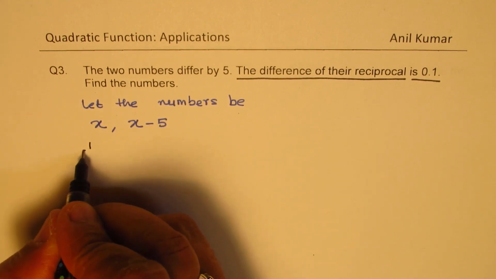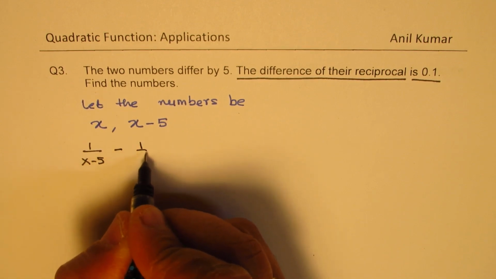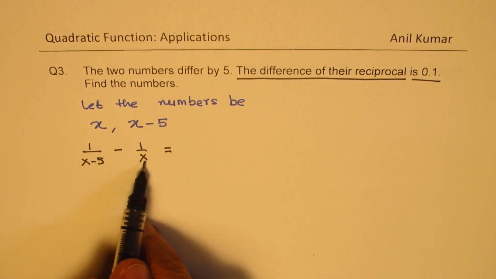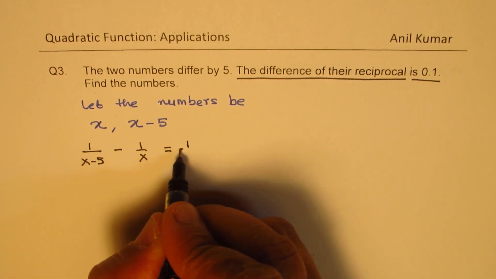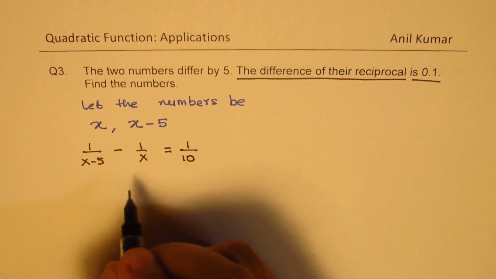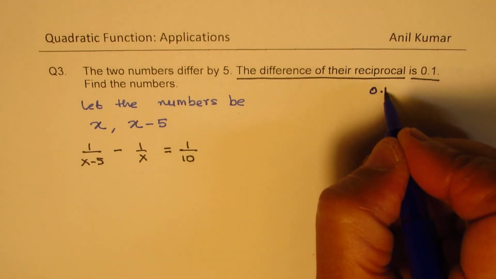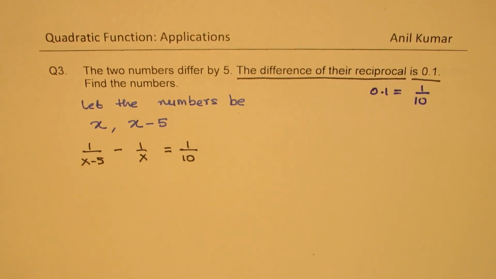So we'll write that first. So 1 over x minus 5 minus 1 over x should be equal to 0.1. Now 0.1 can be written as 1 over 10. Do you see that? Let's write it in fractions. It is easier. Correct? So that is our equation.